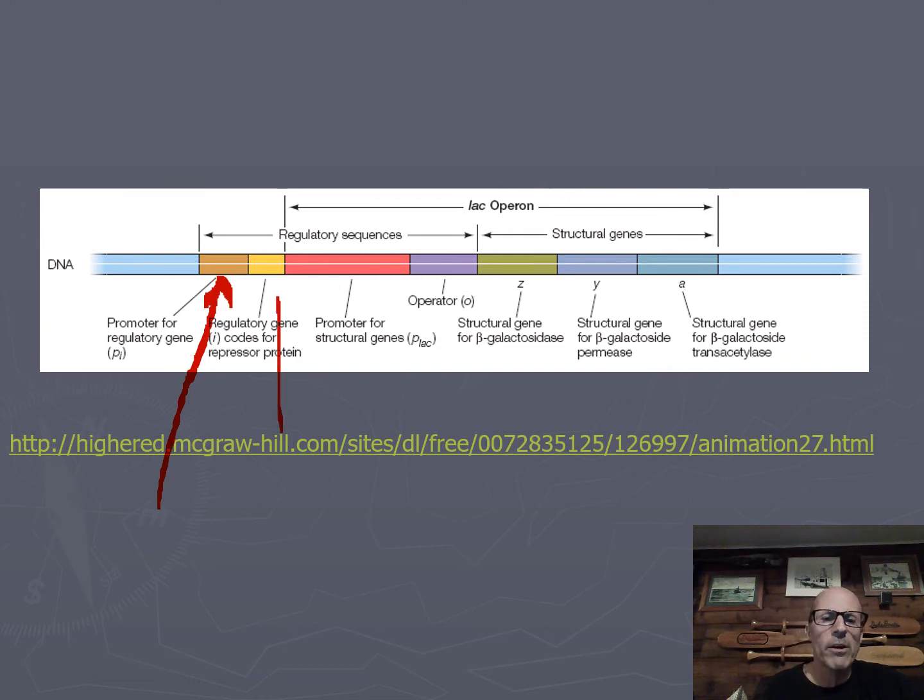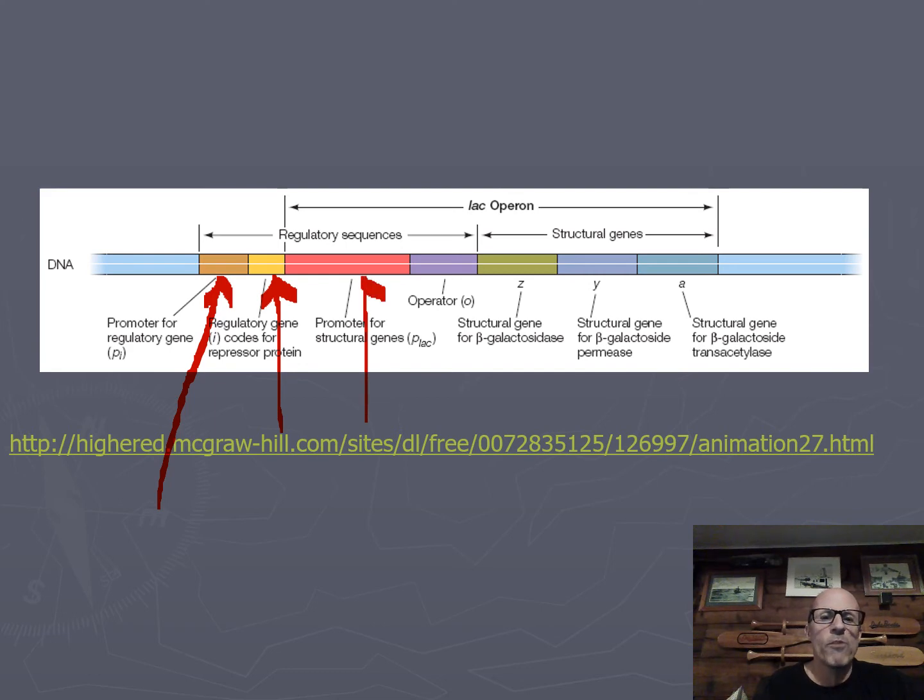The yellow part is actually known as the lacI repressor gene, and it is responsible for generating the repressor protein that will eventually turn off this group of genes if required.